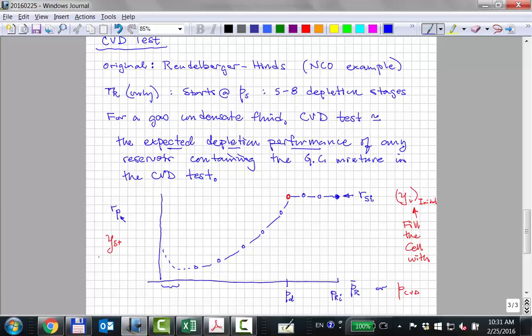Now, if we plotted the C5+ content in the gas below the dew point, we would get something that looked just the same. The shape would be very similar. I'm just going to make the shape look the same. The magnitude, of course, is in barrels per million standard cubic feet, and this is in mole percent. But it's going to look very similar.